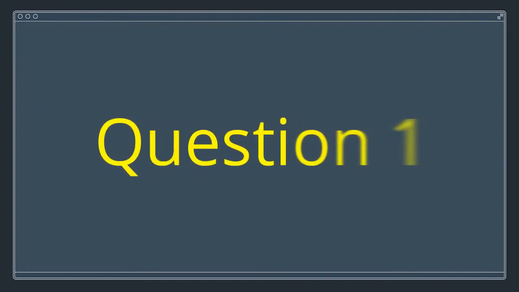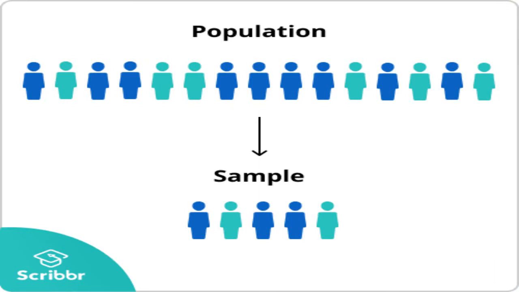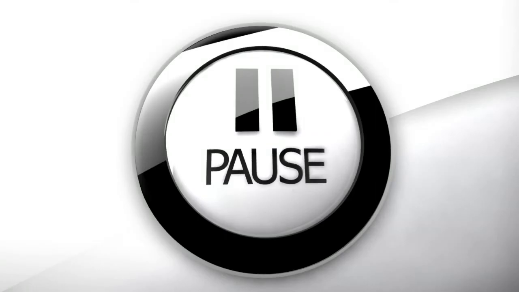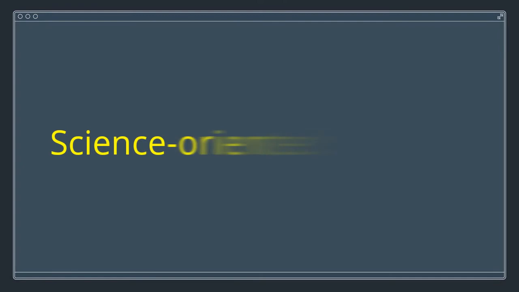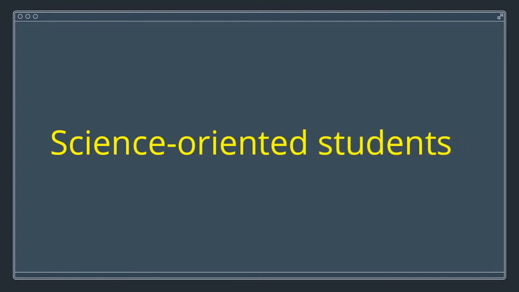Question 1. Do you think that either of these samples is representative of the entire 10,000 part-time student population? Now pause and think about the answer. The answer is no. The first sample probably consists of science-oriented students.